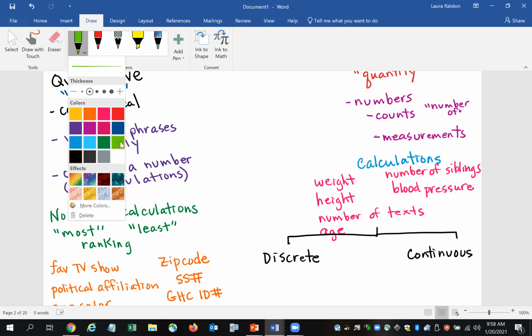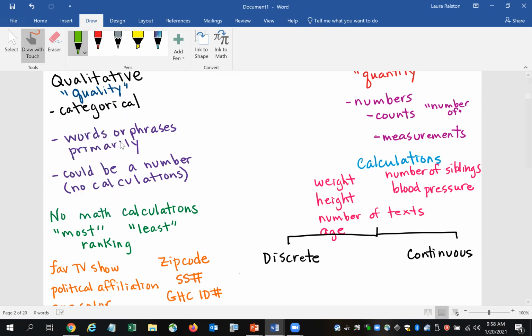Quantitative discrete is usually going to be whole numbers or whole units. The description is the one that usually would say number of, like the number of eggs, the number of texts, the number of siblings. And you're going to get answers like 2, 3, 4.